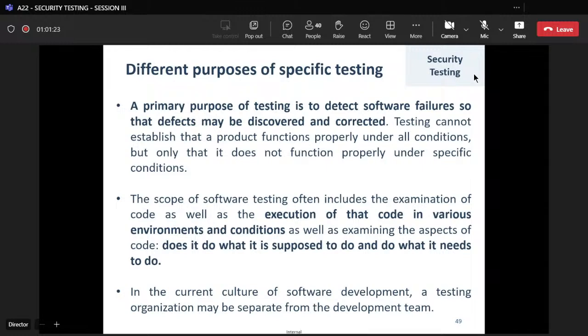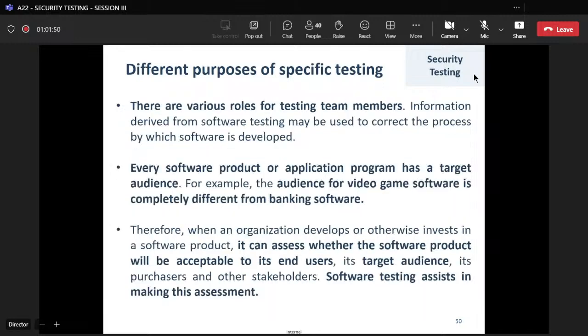It also has to be executed in various environments and conditions, because they need to test what the software is supposed to do. They'll also understand the behavior of the application and the output for a specific input, for various requirements. So there are different purposes for performing specific software testing.